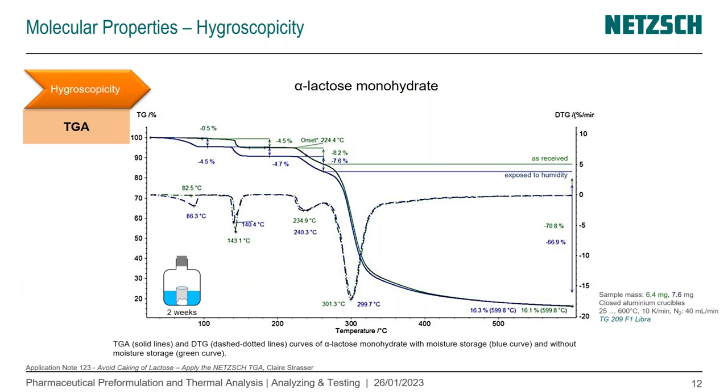The sample is the alpha lactose monohydrate, which is mainly used as a filler for tableting. And the affinity of the lactose products to humid air depends on their modification. Pure lactose monohydrate products are very stable to humid air.